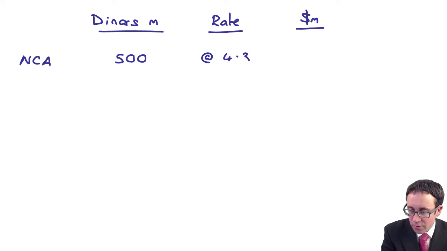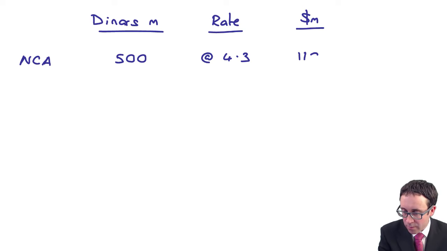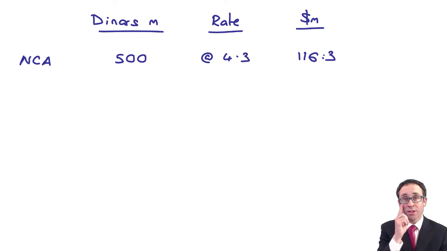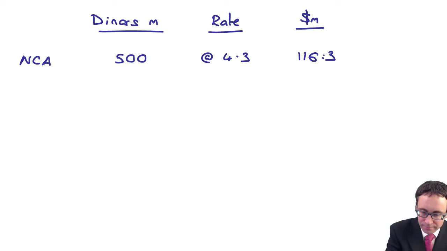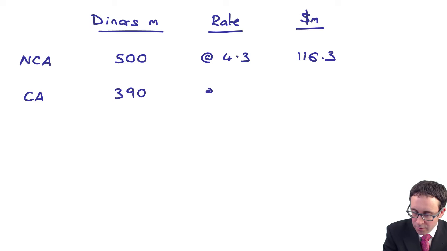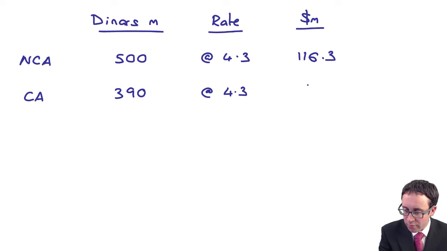That will be at the closing rate of 4.3, which gives me 116.3. Okay. My current assets are there as 390. At the closing rate of 4.3 gives me 90.7, which if you total it up gives you 207.